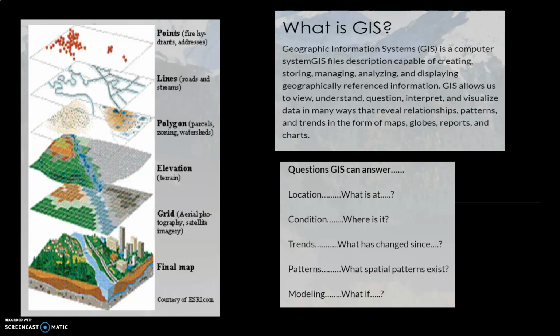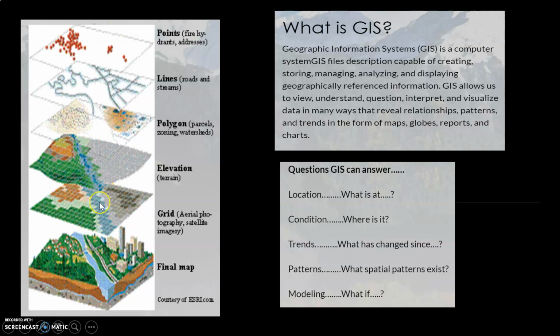So if you look at here, this is not any notes to copy, but here it shows a really good image of GIS. So the first map up here shows fire hydrants and addresses, and then we have roads and streams, and then we've got watersheds, parcels of land, zoning of land. Then we have elevation, how high the Earth's surface is above sea level.